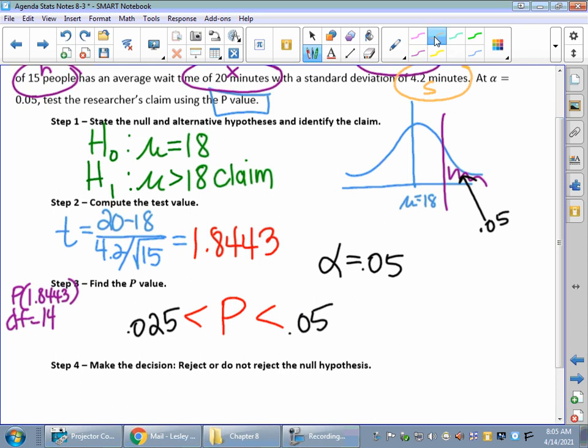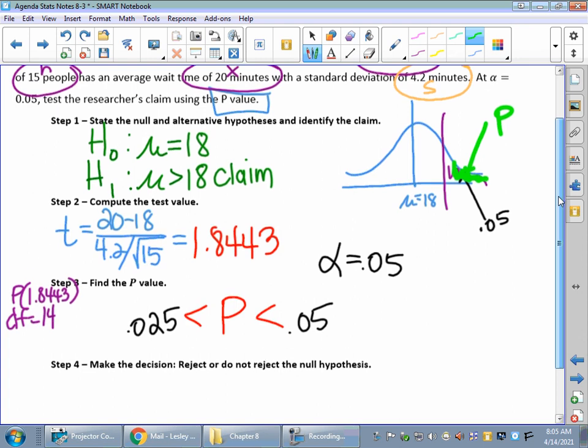If I were to shade in my p-value somewhere between 0.025 and 0.05, that p-value would be shaded somewhere in this range, right? Or up to the line. So this is my p-value. That p-value is lying inside the whole area is less than or equal to my alpha.